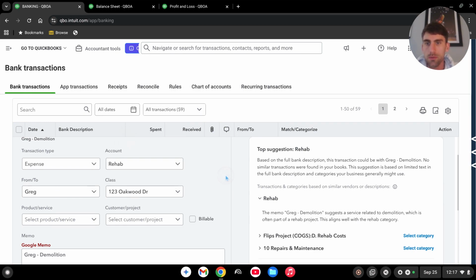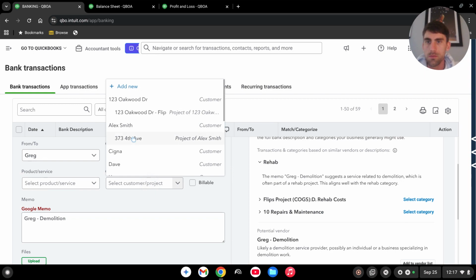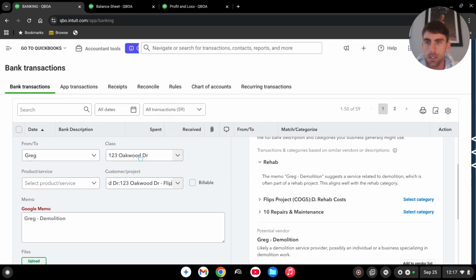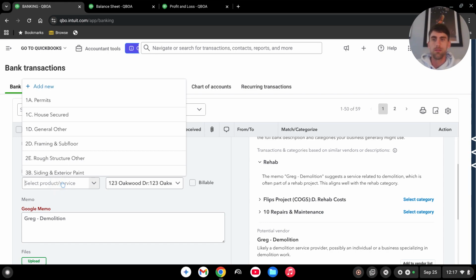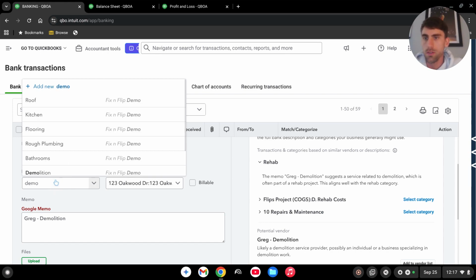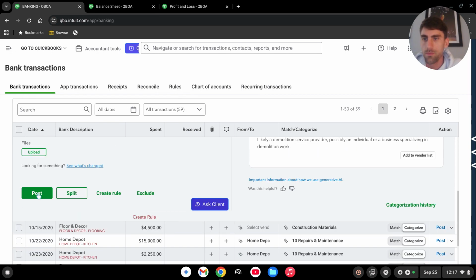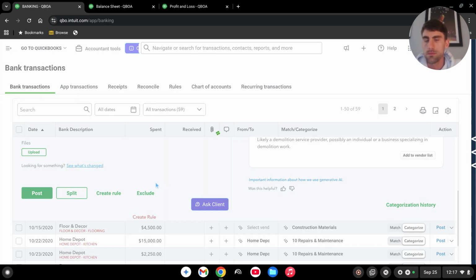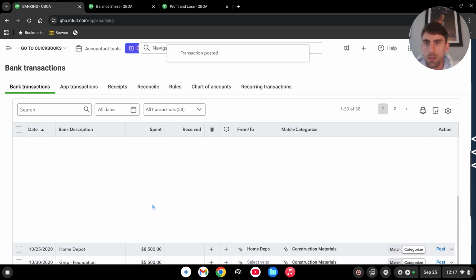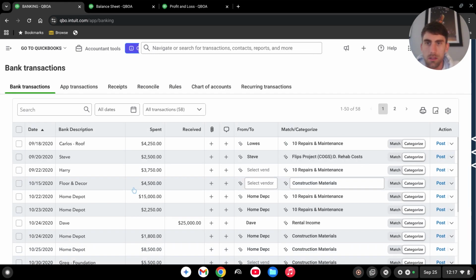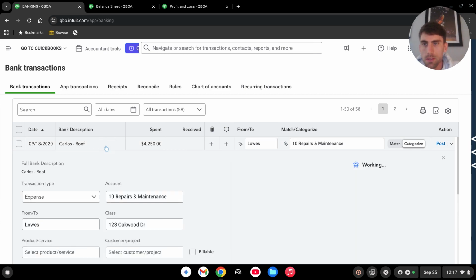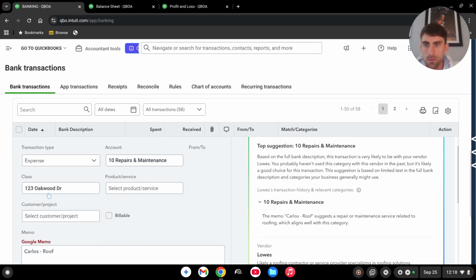The 123 Oakwood class, let's put our project in here. And Greg did some demolition for us. Same thing, let's say Carlos, he did the roof for us.